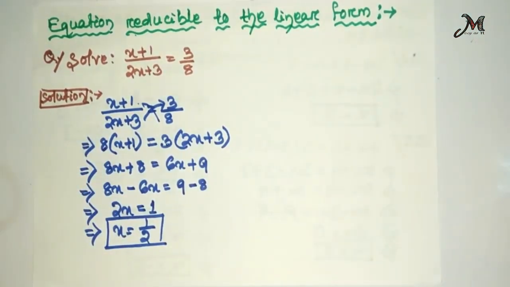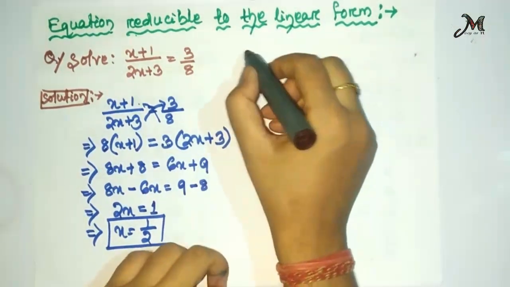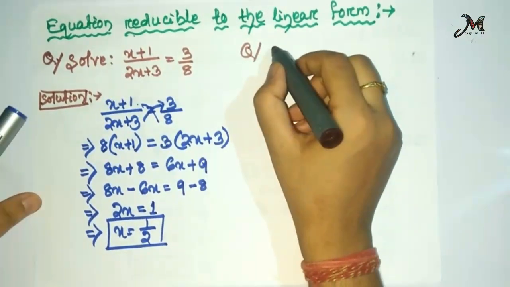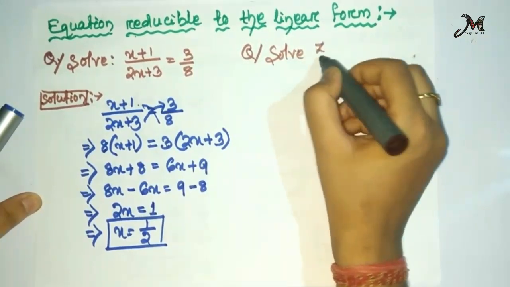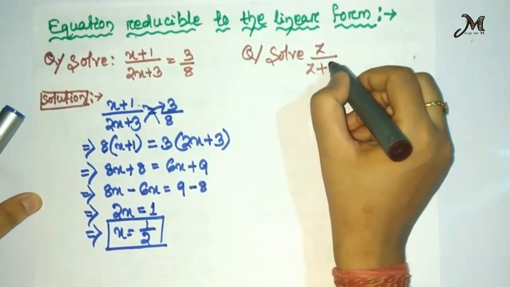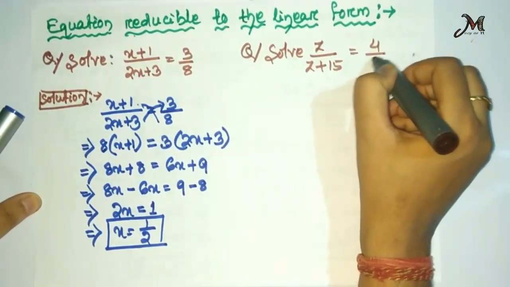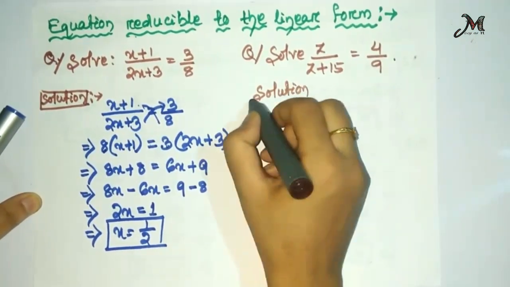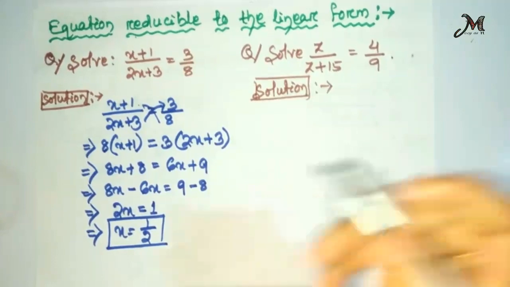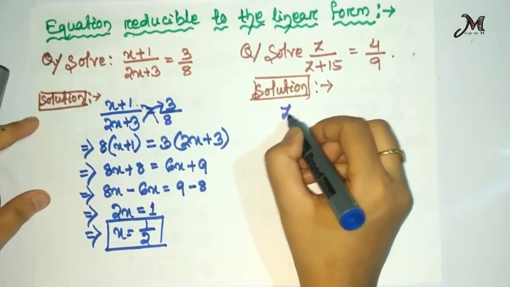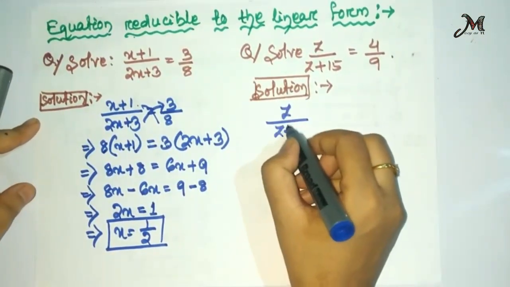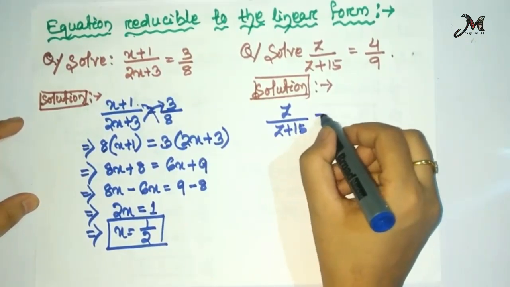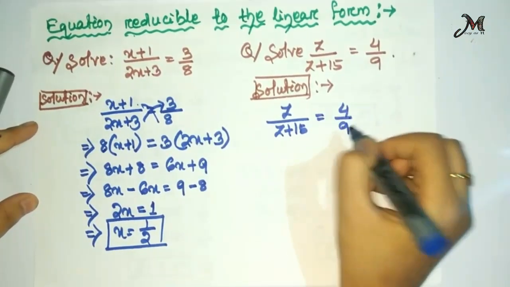Now take another example. What is given? z divided by z plus 15 is equal to 4 by 9.